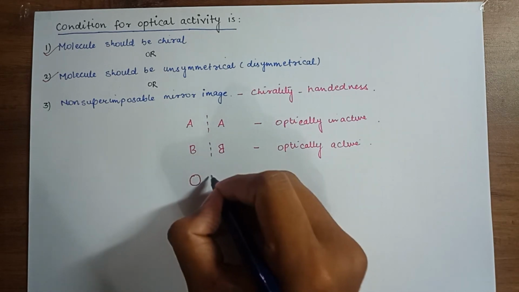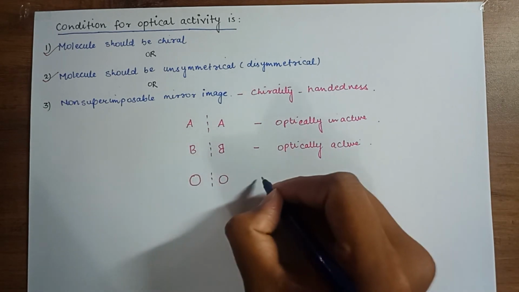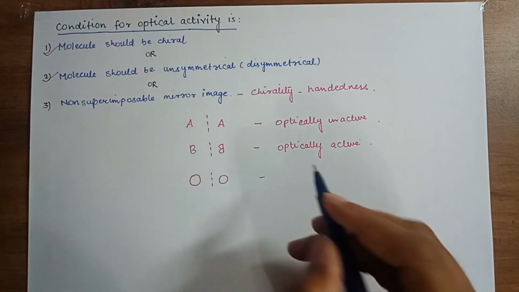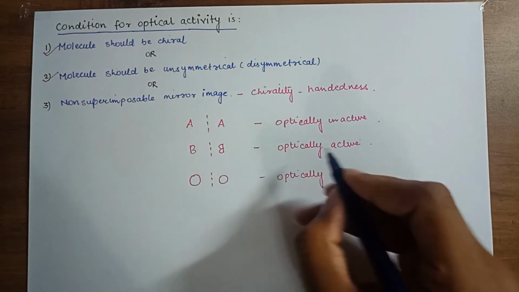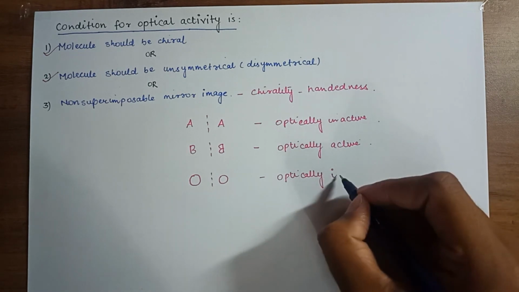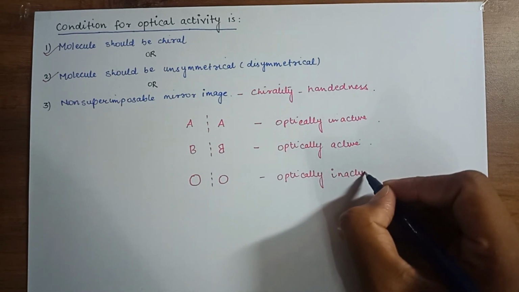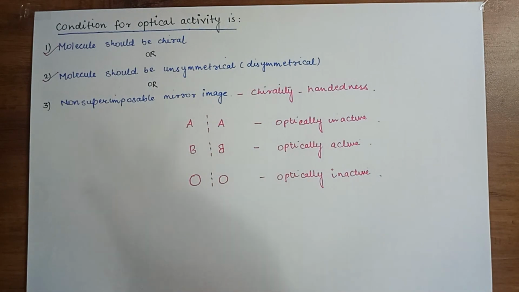Third example, the alphabet O and its mirror image O. This is superimposable, so it will again be optically inactive. So this was about optical isomerism.